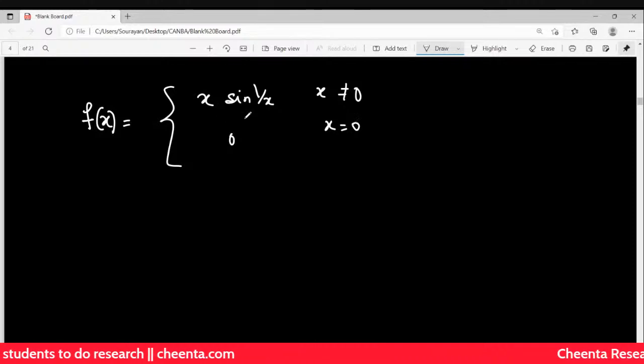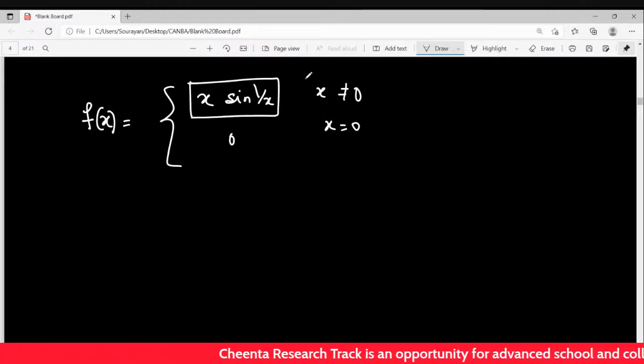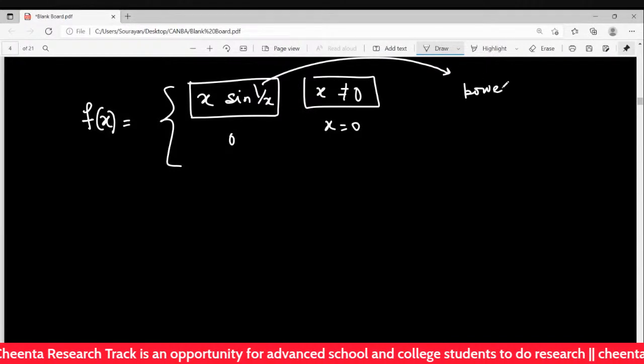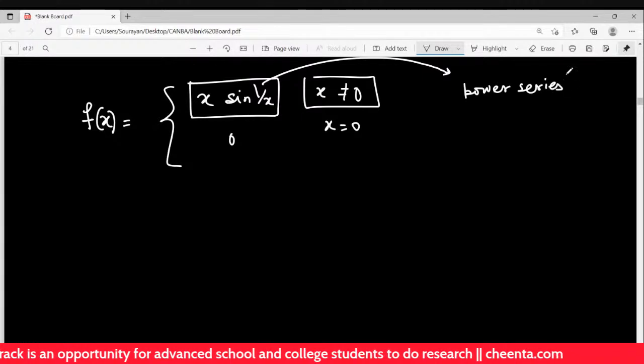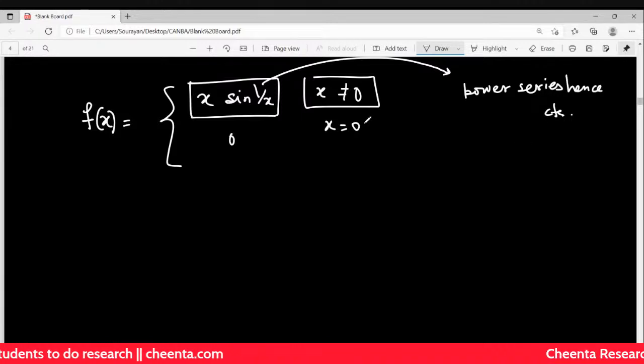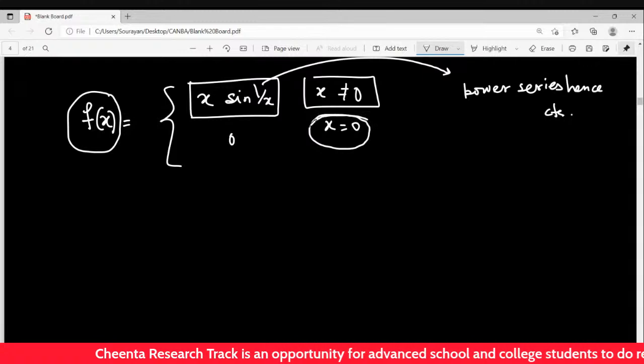So see, x sine 1 by x, if x is not equal to 0, this is a power series, hence continuous. So the only problem for this function to be continuous on entire R depends on checking continuity at x equals to 0.